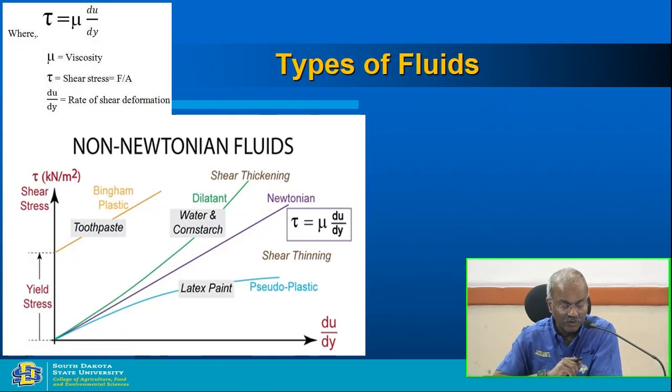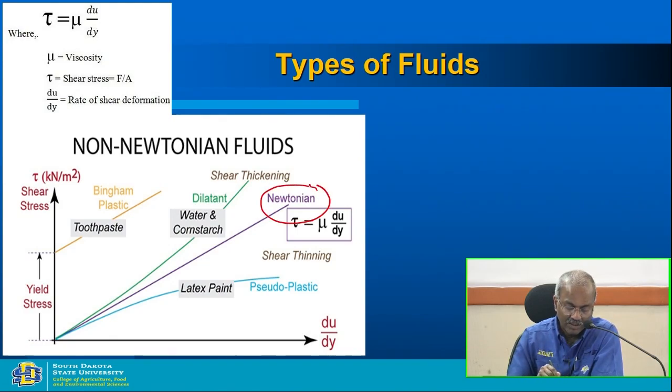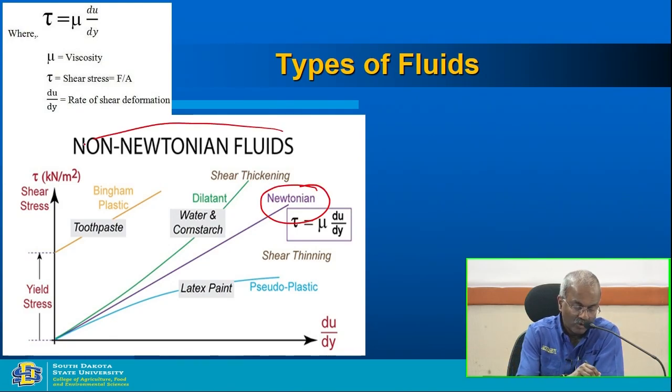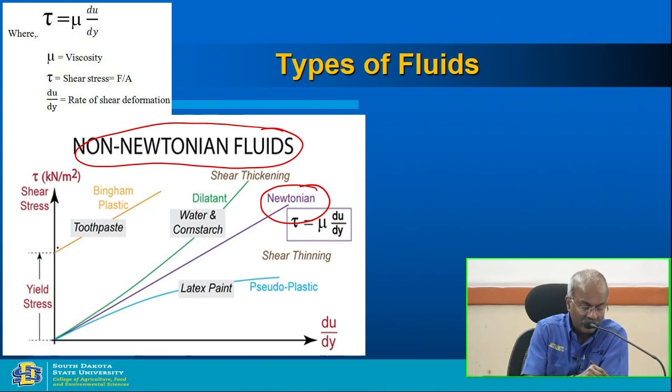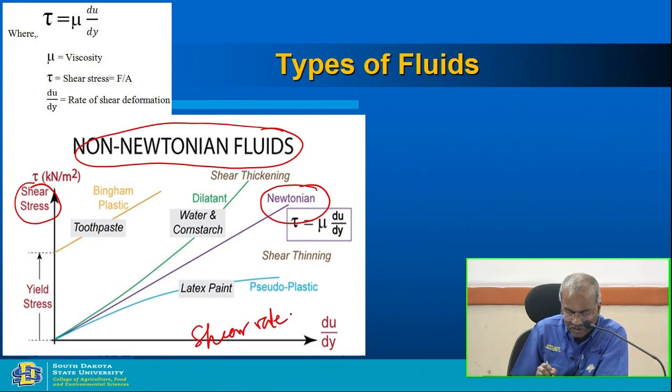Okay, now let's talk about the different fluids now, types of fluids. I discussed before also, there are Newtonian fluids and there are non-Newtonian fluids. So if you measure the shear stress with respect to shear rate, so this is shear stress and this is shear rate.